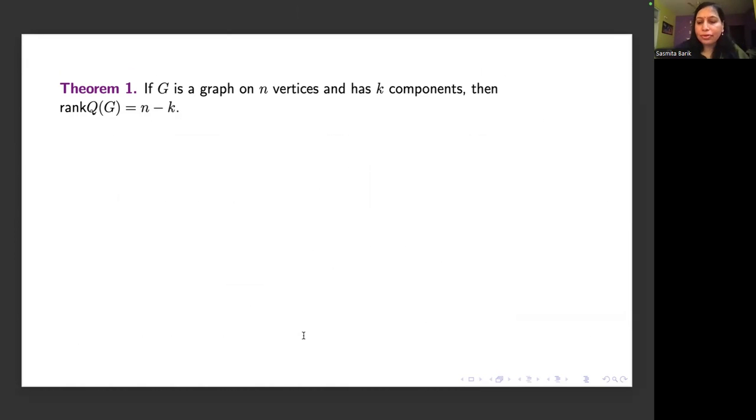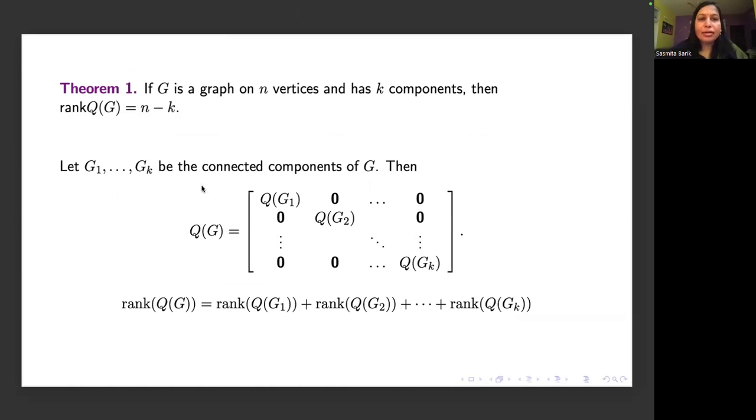And that can be observed easily, because when the graph is disconnected, you can write it in this form. If you have G1 to Gk, let's say the connected components, then you can express your Q in this way, in diagonal form.